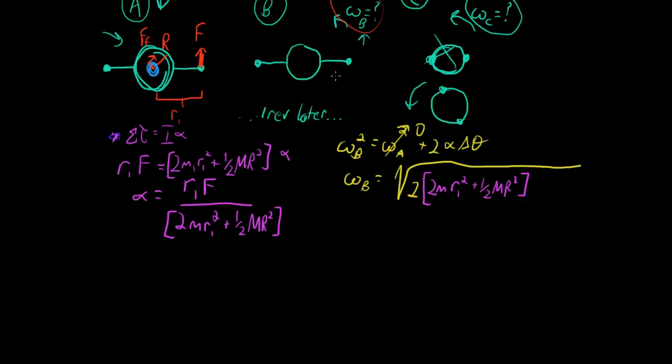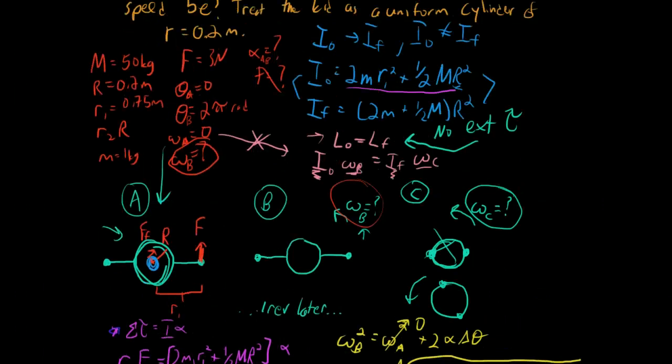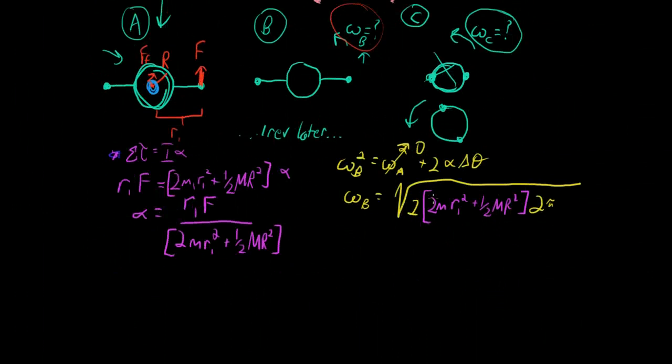All of this times 2 pi. I'm not looking at distances here. So we have all of these things, multiply them together, and take the square root, and that'll give us our actual angular velocity after the force has been applied.